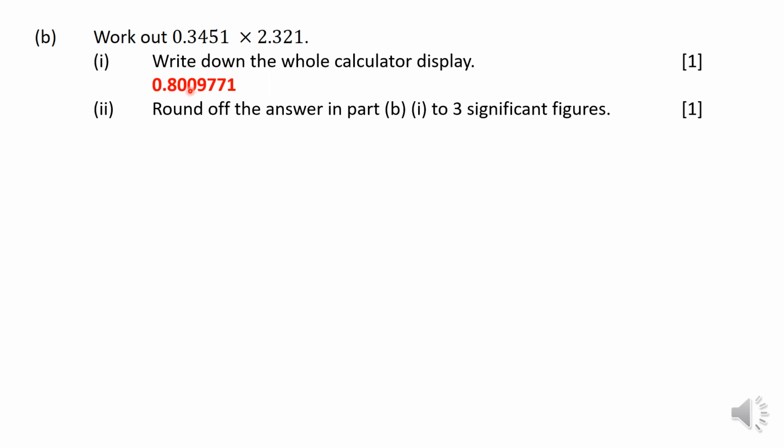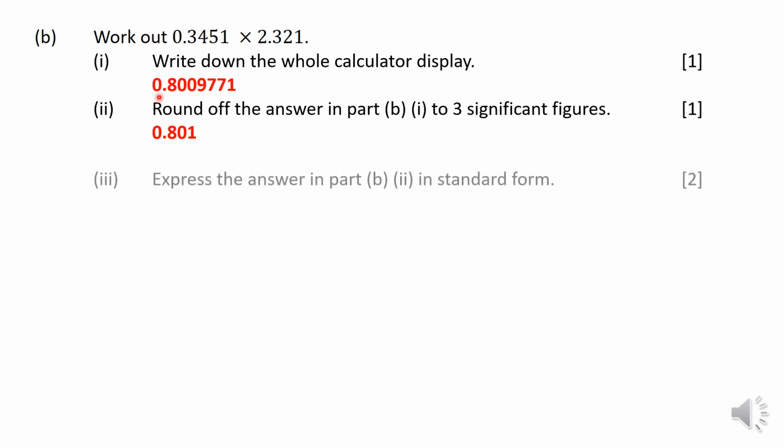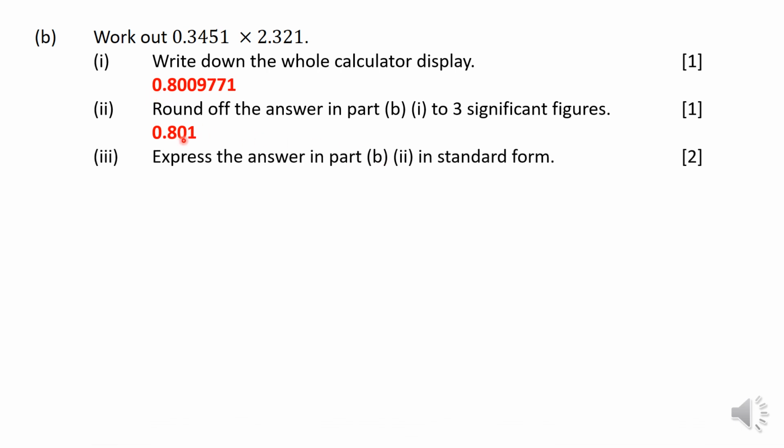So that 0 is also significant. But now, this 9 is going to round that to a 1. So the answer should therefore be 0.801. Please do not write 801. 801 is distinct. It's far from a 0.8 number. Then they say you must take your answer in this part and write it in standard form.